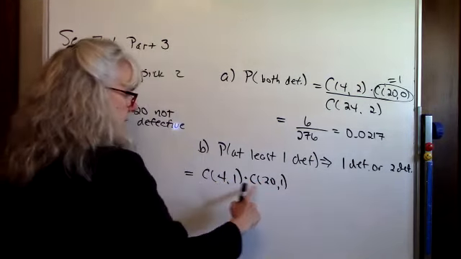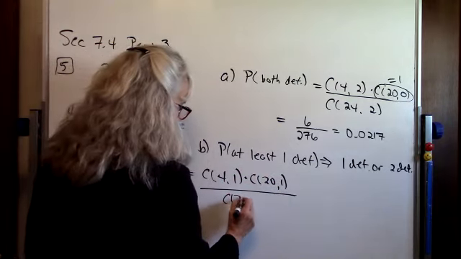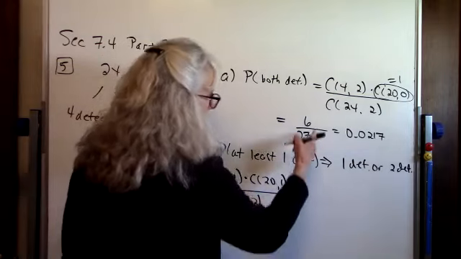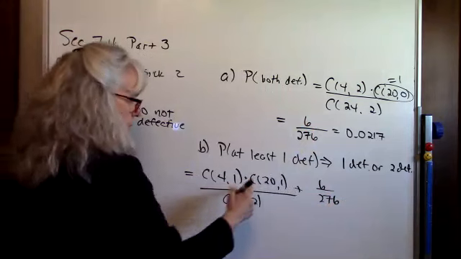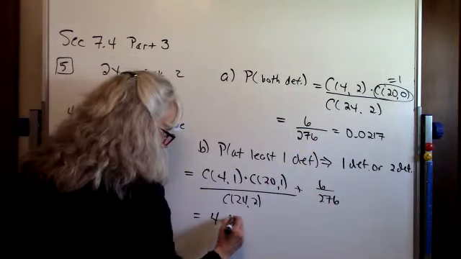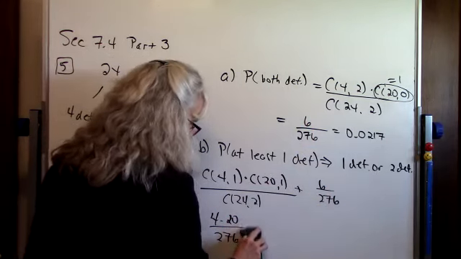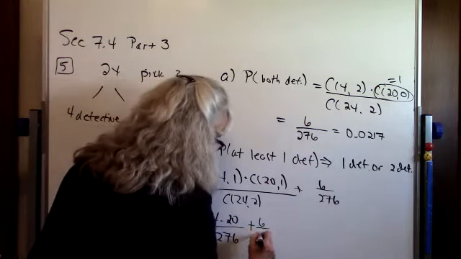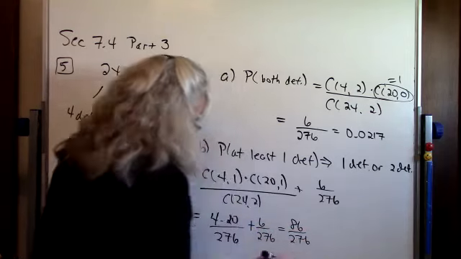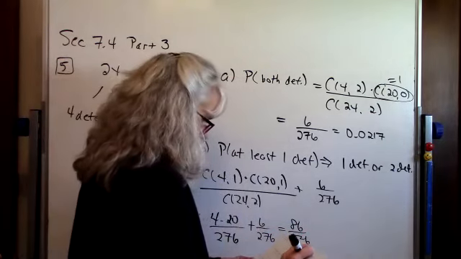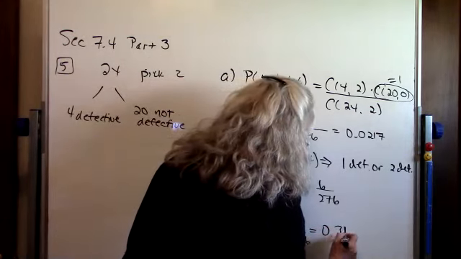So picking 1 defective, picking 1 not defective, all over the combination of 24 choose 2. And to that, we're going to add the 6 over 276 that was both defective from before. So this is 4 times 20, plus the 6. So that would be 80 plus 6 over 276. And that comes out to be 0.688, no, sorry, 0.312 if we add them together.